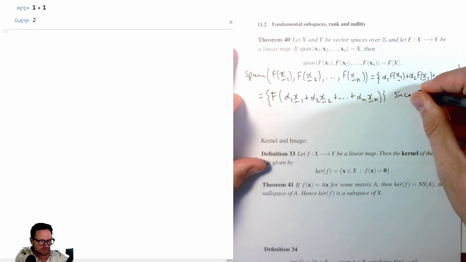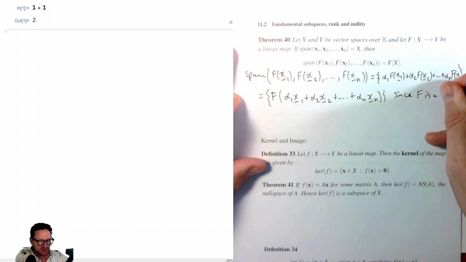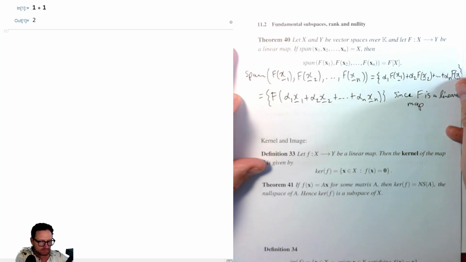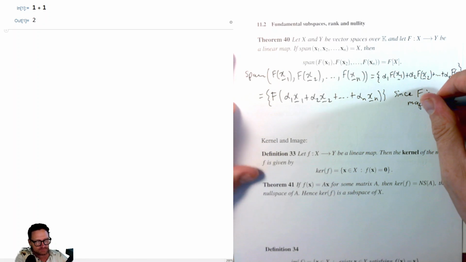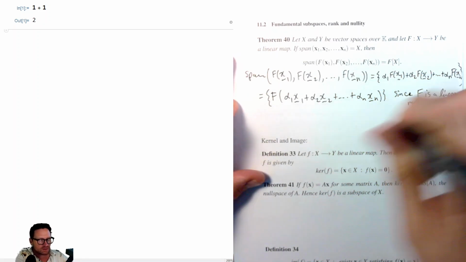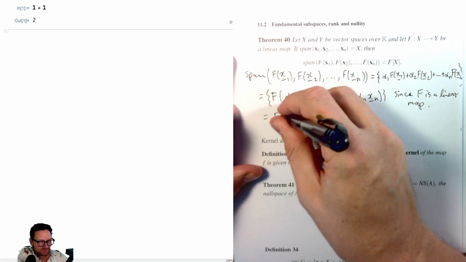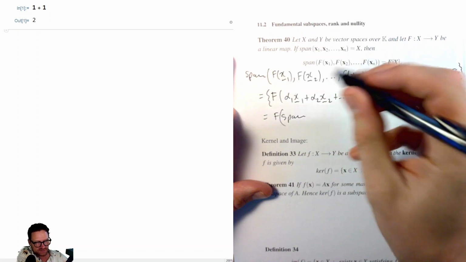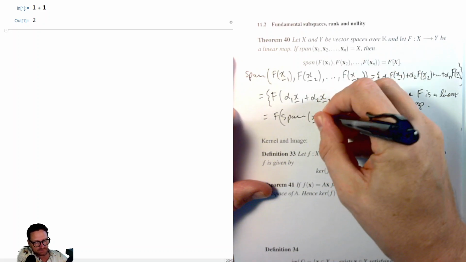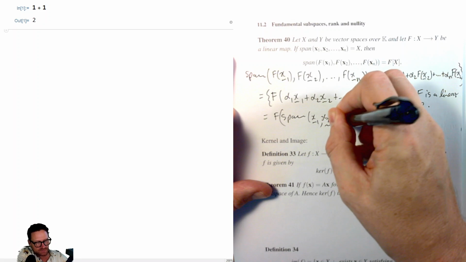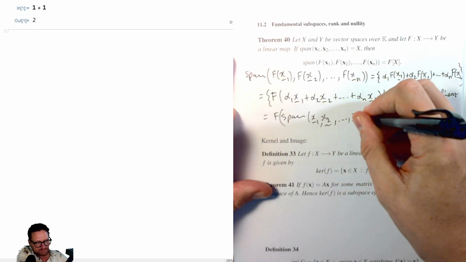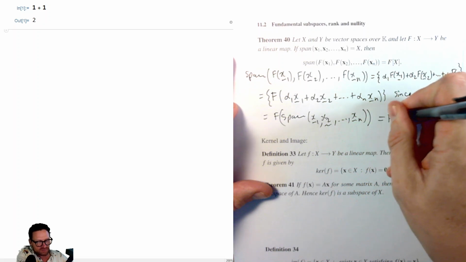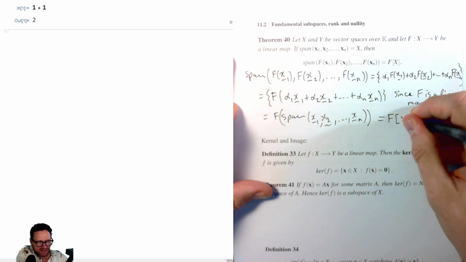Since f is a linear map, this is equal to f of the span of the vectors x1, x2, etc. up to xn, which is f square bracket X.